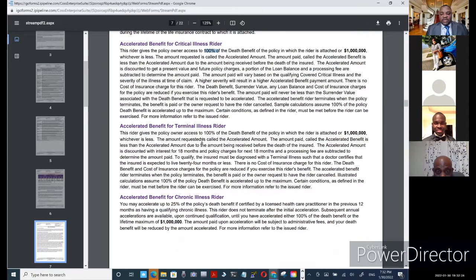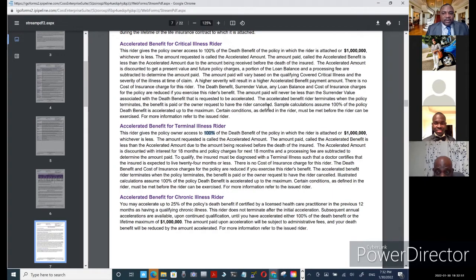If this lady, maybe at the age of 70, is diagnosed with a chronic illness or a terminal illness, and the doctor has determined that she has less than 18 months to live, she will have the right to access up to 100% of the death benefit or living benefit at that time.